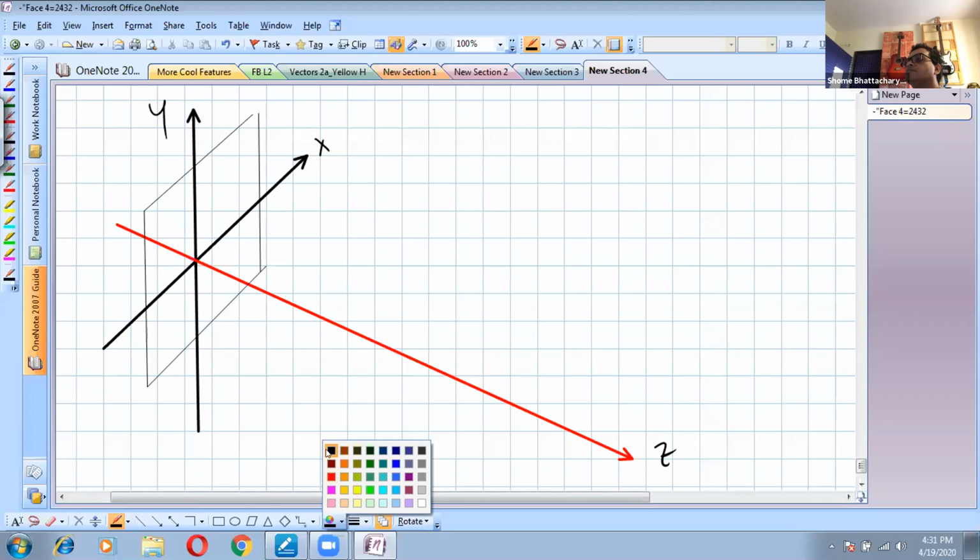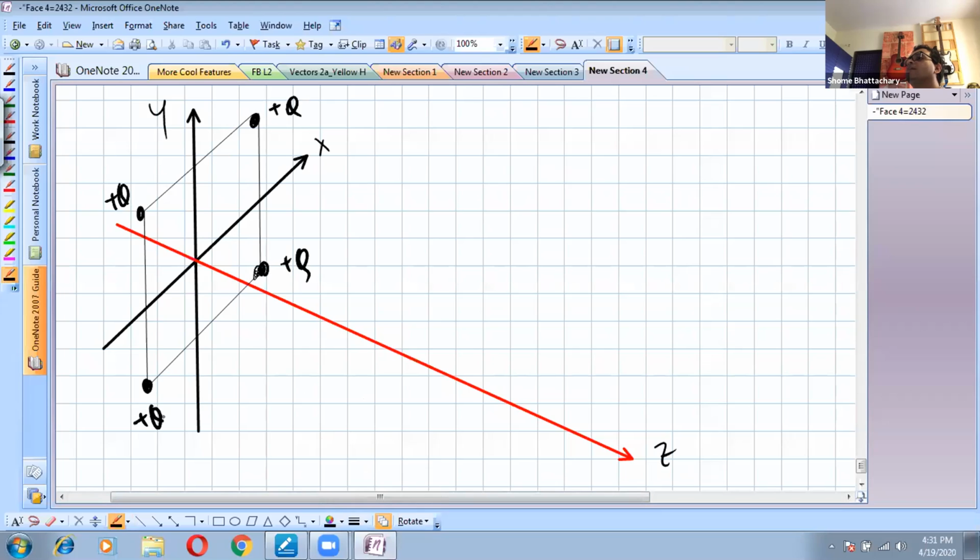So in the XY plane, suppose these are my 4 particles, plus Q, plus Q, plus Q, and plus Q. So you can even write coordinates for them.